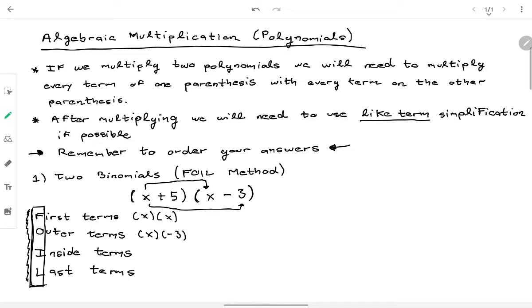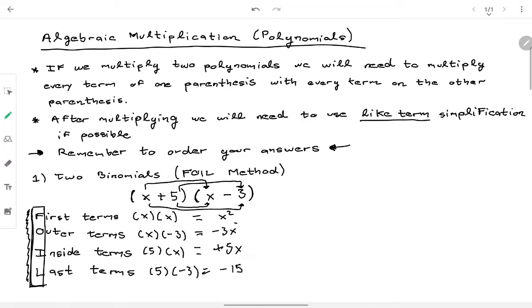It will be inside terms, so in this case 5 multiplied by x. And finally last terms, that will be 5 multiplied by minus 3. So in this case, if we multiply all of this, we will get x squared minus 3x plus 5x minus 15.